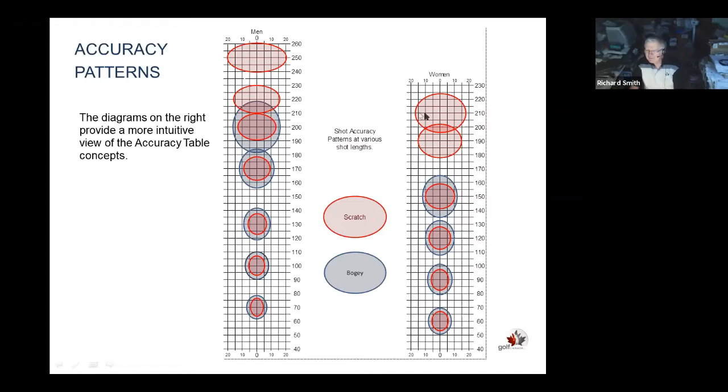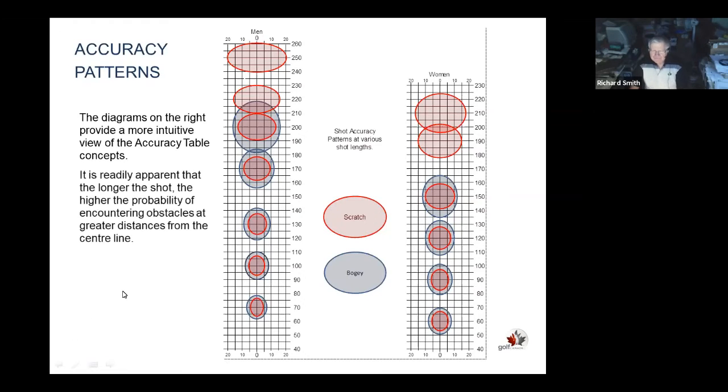And let's see, what are we looking at here? 15, 17, about 34 yards in width. So again, the longer the shot, the wider these patterns are, these ovals or circles are, and therefore the more likely it is that a golfer is going to get into trouble.